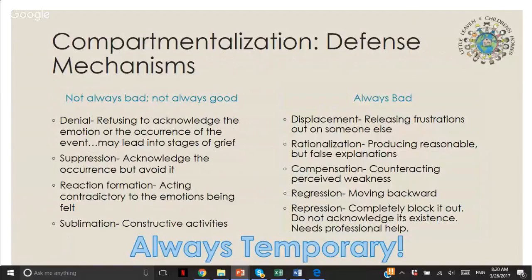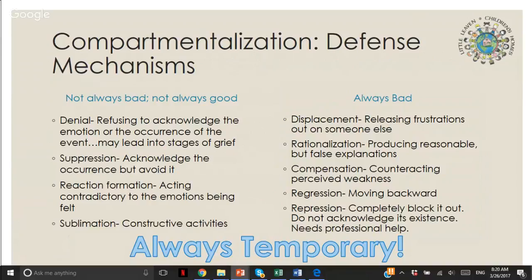So there are different defense mechanisms. Some are always bad. Some can be bad and some can be good. So this is what we're going to do when we feel these emotions. We're going to go into denial, which is like the 5 stages of grief, and we're going to refuse to acknowledge the emotion.